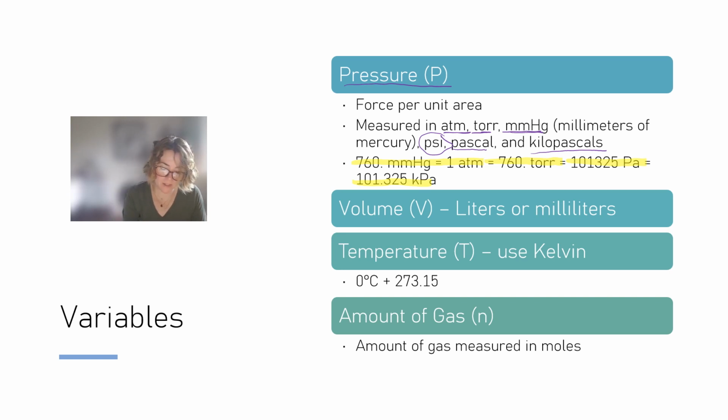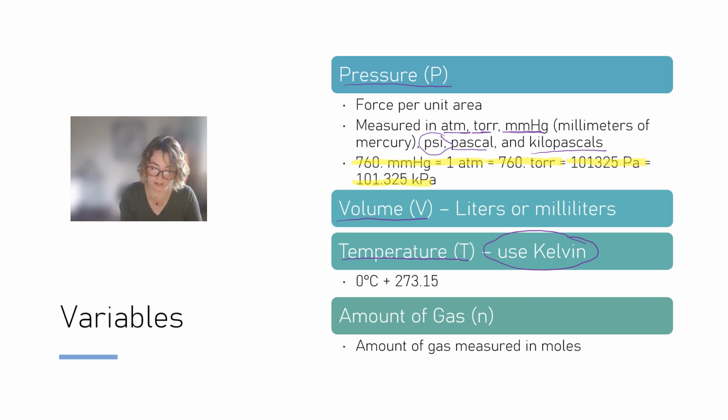Volume is denoted with a capital V. The units for volume will be either liters or milliliters, and we've used those before. Temperature is a capital T, and this is critical. Every time we are dealing with temperature when we're talking about gases, it will be in terms of Kelvin.